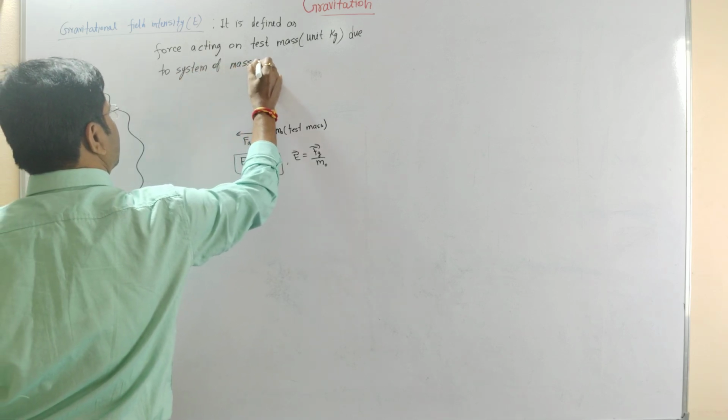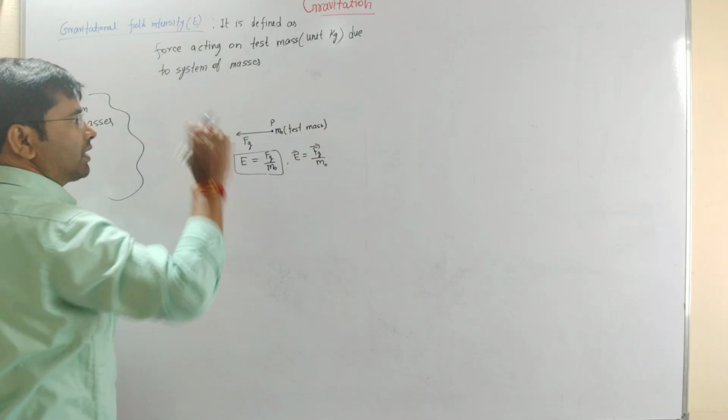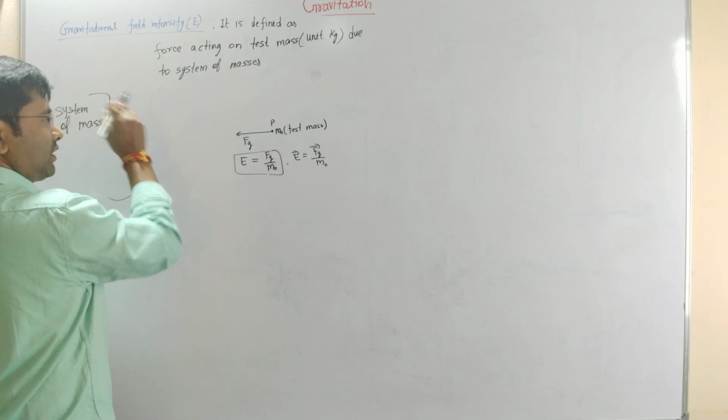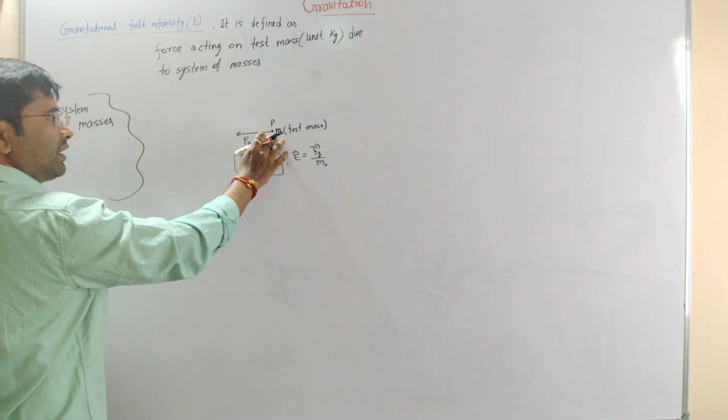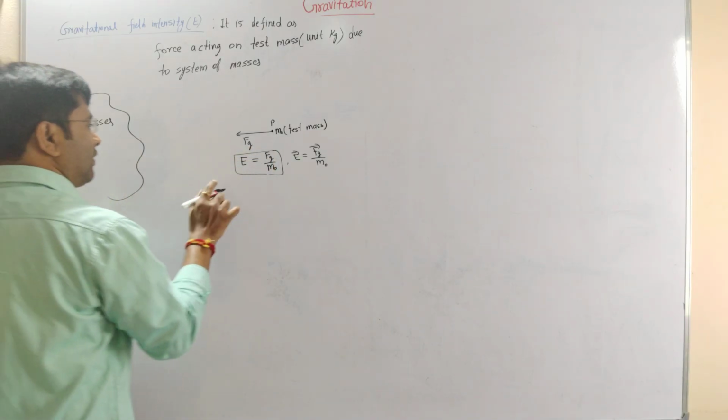Or maybe there will be a single mass. Okay, there is a single mass. So for a single mass, how much force is it applying here? This is how we calculate it: a single mass or a system of masses applies some force on the test mass. So we will calculate the force on a unit kg mass, and that will become the gravitational field.